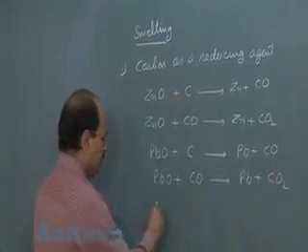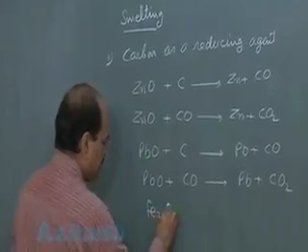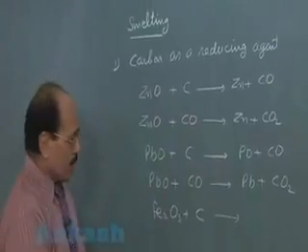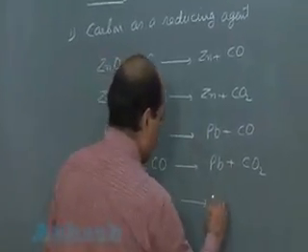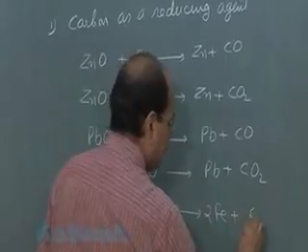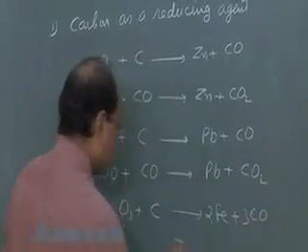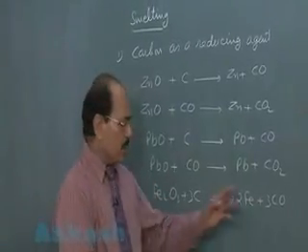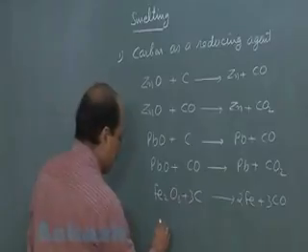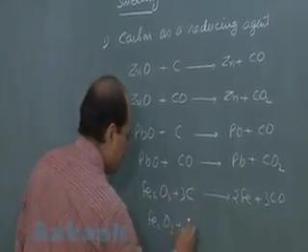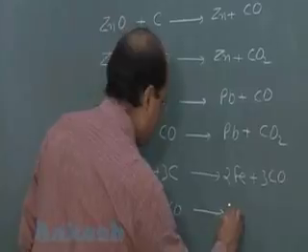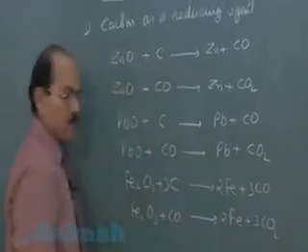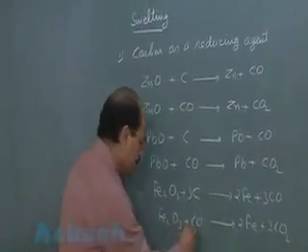Ferric oxide can be reduced by coke to iron. Carbon monoxide is the byproduct. Carbon monoxide also reduces ferric oxide to iron, forming carbon dioxide.